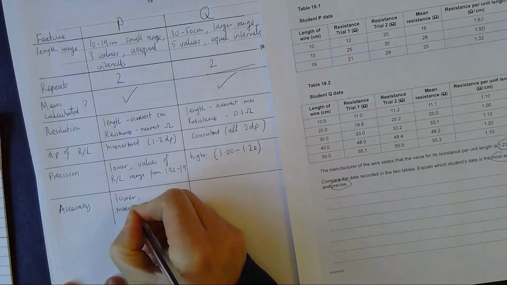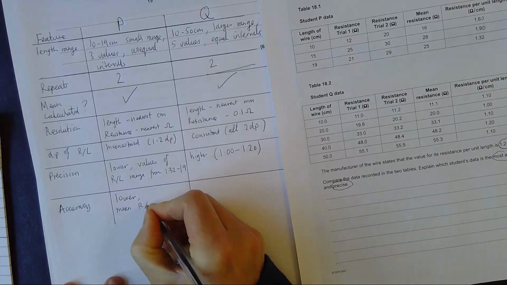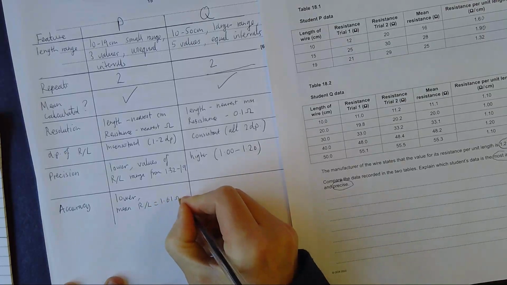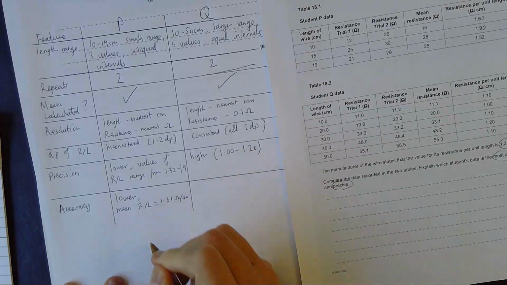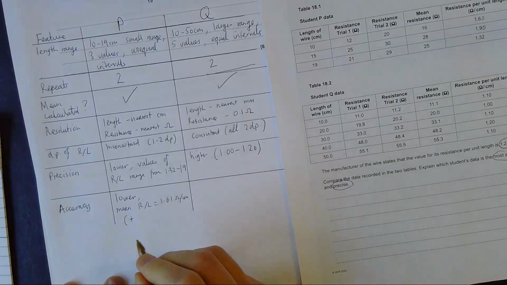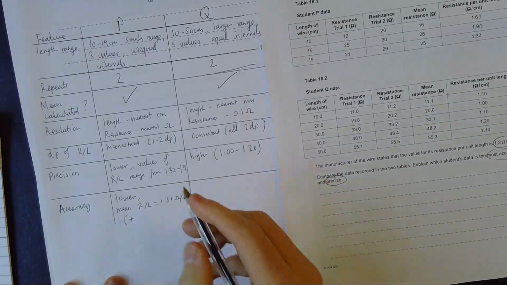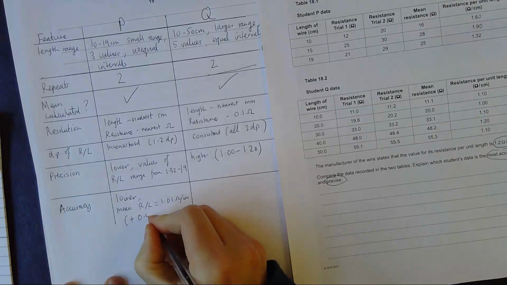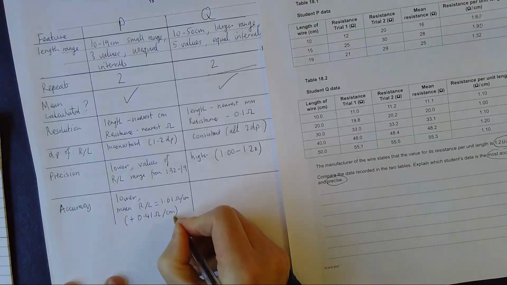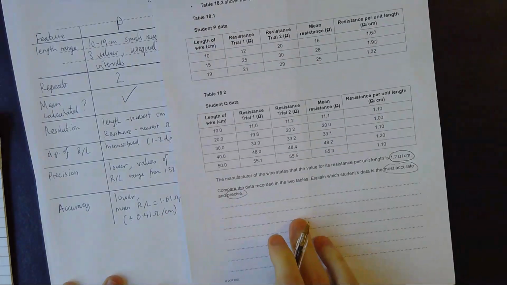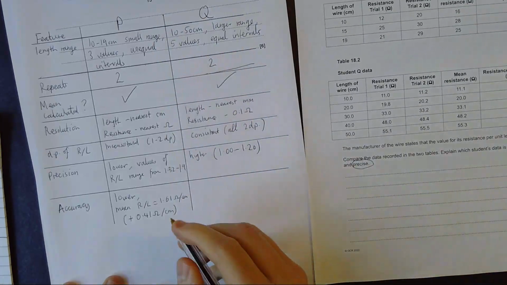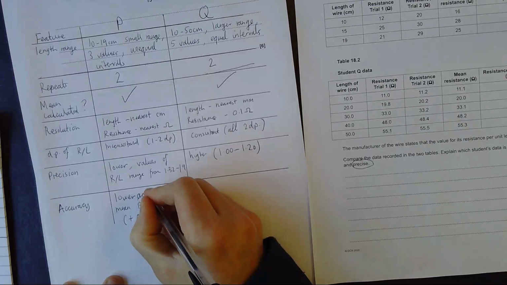The mean resistance per unit length equals 1.61 ohms per centimetre, and that's plus 0.41 ohms per centimetre, so it's 0.41 ohms per centimetre larger than the manufacturer value of 1.2. So let's put lower accuracy.